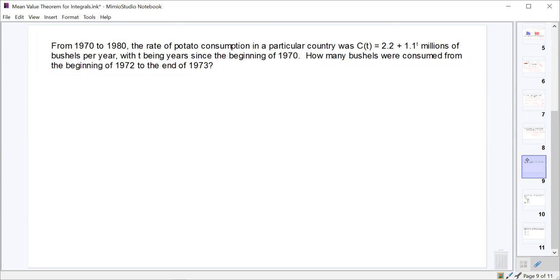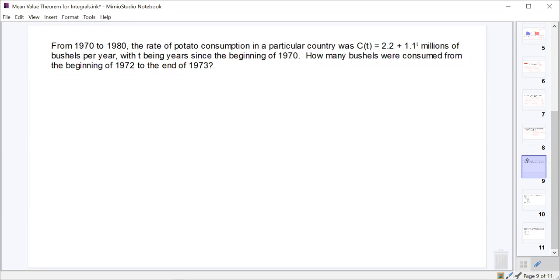So in this particular problem, we're going to be looking at how many potatoes were consumed during some certain amount of time. Okay. So between the beginning of 1972 and the end of 1973.